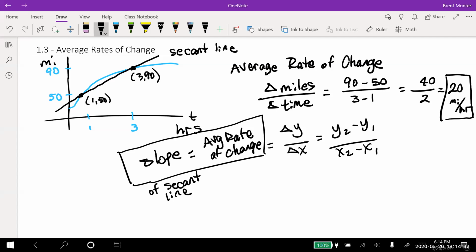What we're going to look at is average rates of change from what we had called before the difference quotient. So let's scoot this up a little bit.